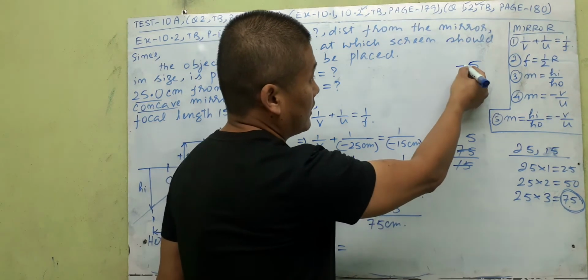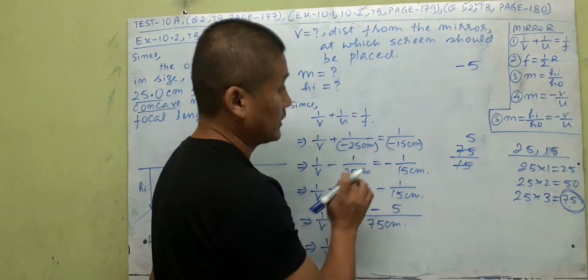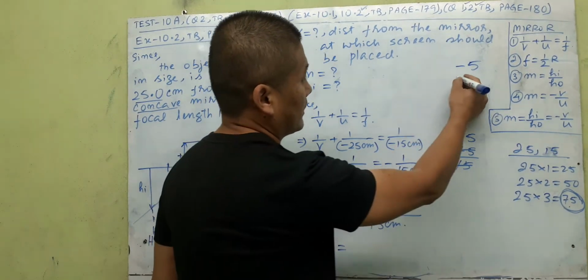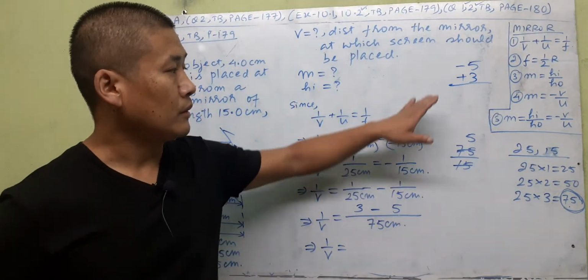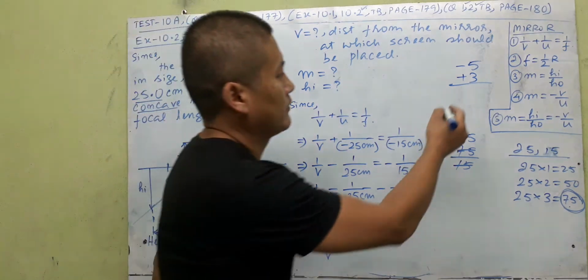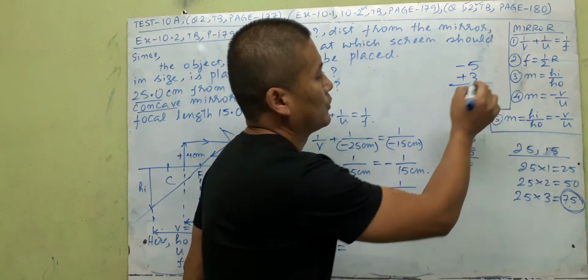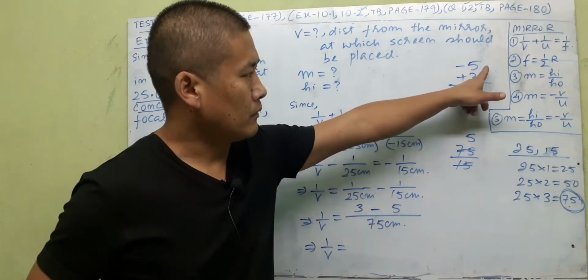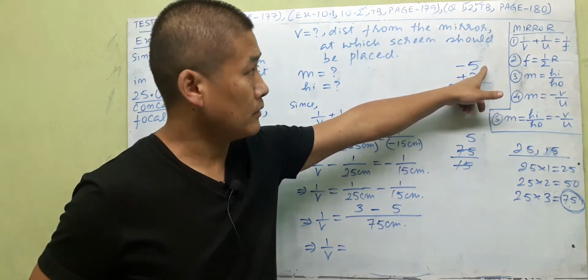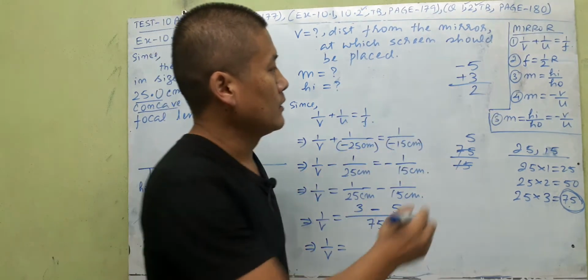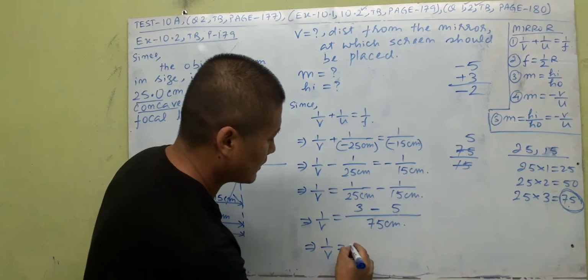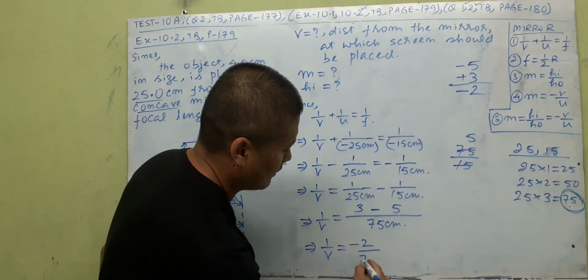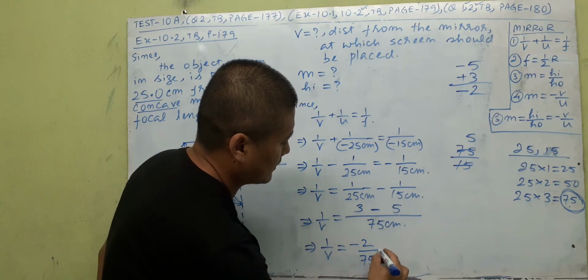So this minus belongs to 5, not to 3. What is the sign in front of 3? No sign, plus. So we write the smaller absolute value always down. We know when it's minus plus, we subtract. So 5 minus 3 is 2. And what is the sign of the bigger absolute value? Yes, 5, minus. The same sign of the bigger one you have to put. So this is not 2, this is minus 2 by 75 centimeter. Be careful with that.